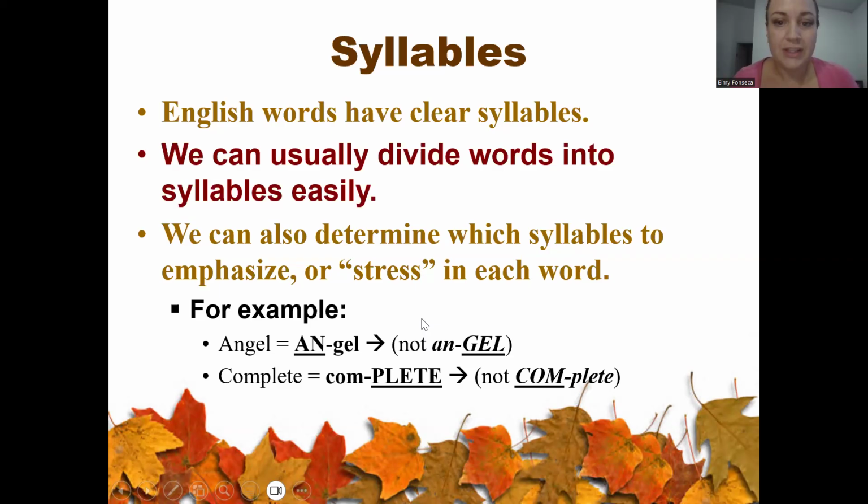Something that's important to know when we are studying meter is that words have particular stress. For example, angel has a stress on the first syllable and complete has a stress on the second syllable. We say angel, we don't say angel, and we say complete, not complete.